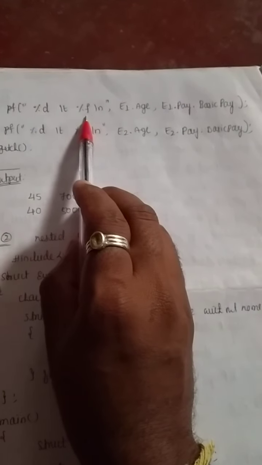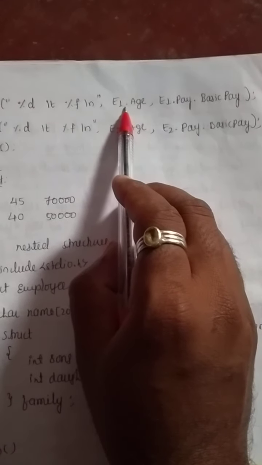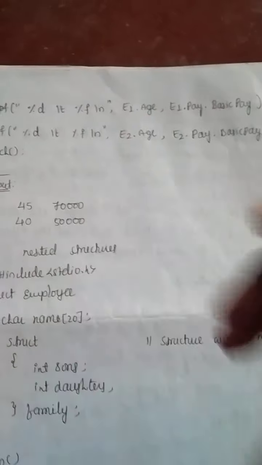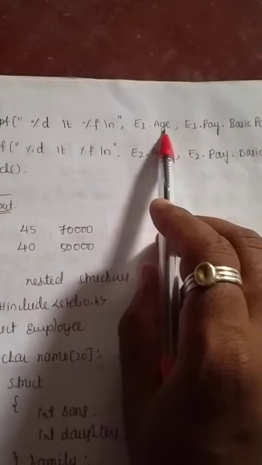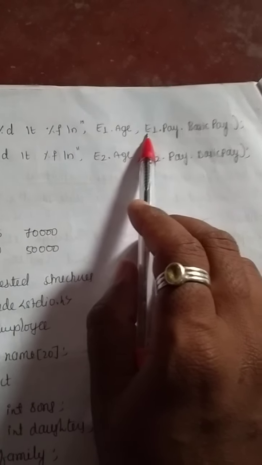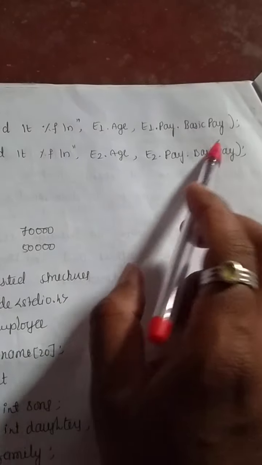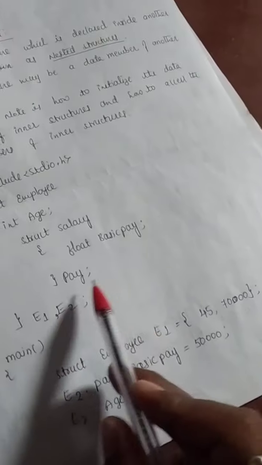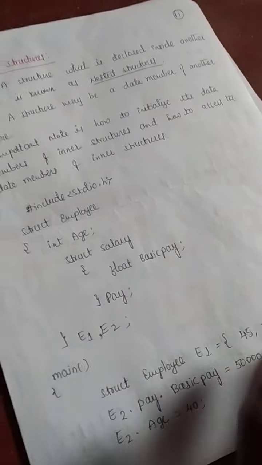Then how to print it? Printf %d tab %f. See, if I want to display the age, I can just take E1 dot age, enough. But if I want to display the basic pay, I have to access E1 dot pay dot basic pay. Why? Because I have one structure variable pay here for the inner structure.